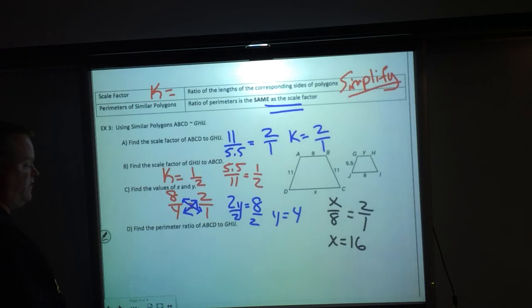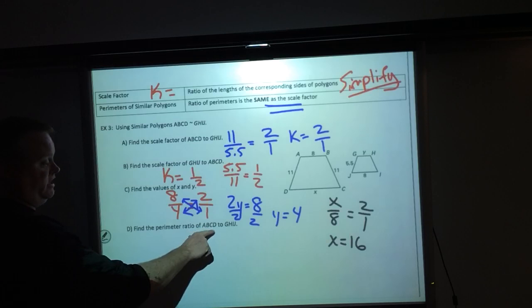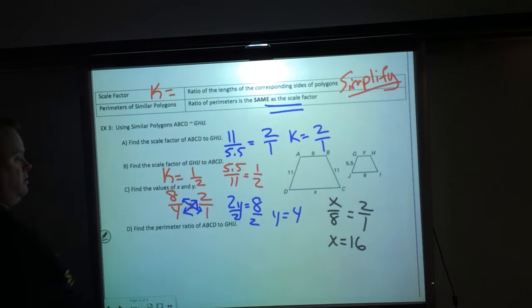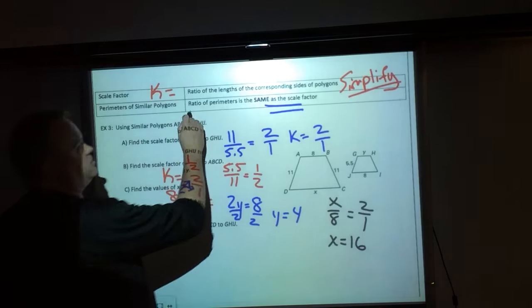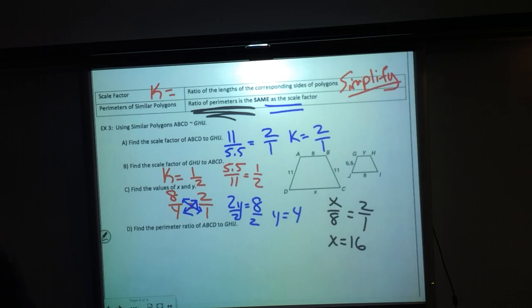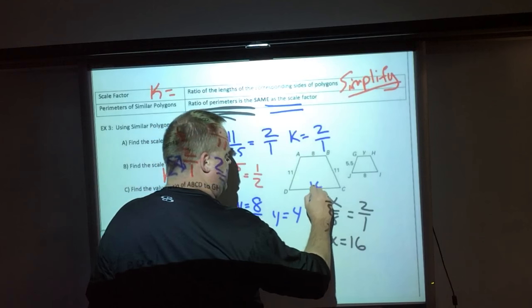The last part of this, find the perimeter ratio of ABCD to GHIJ. Aren't we going to use the perimeter of similar polygons? This information right up here, we're going to use that. So let's think about that. I've already found x. What was x? 16.